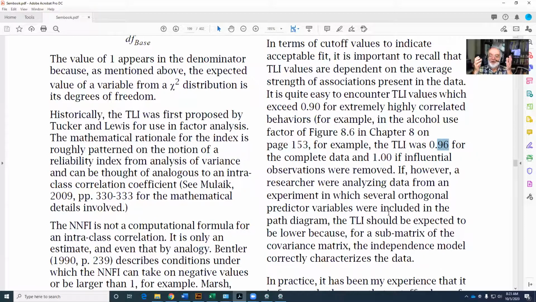That is, for a subset, a submatrix of your variance covariance matrix, the independence model is true because you did it by design. So we can't just religiously interpret the TLI as you're above or below this magical number.